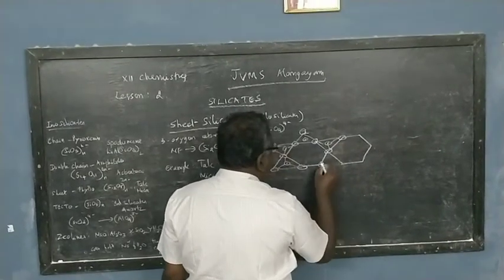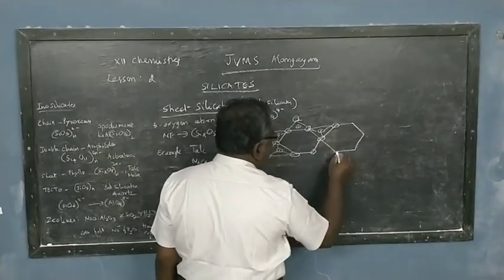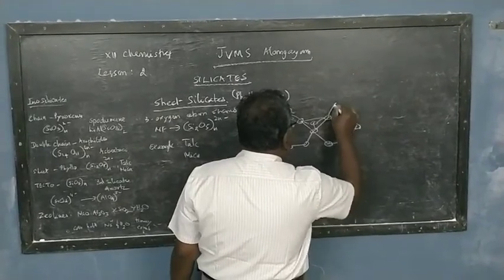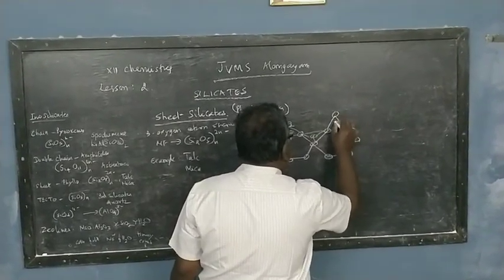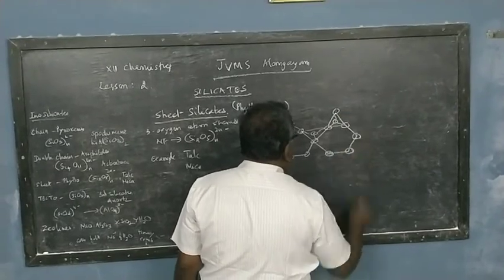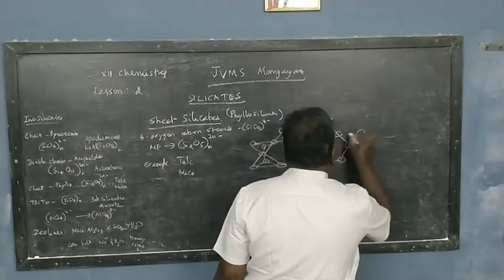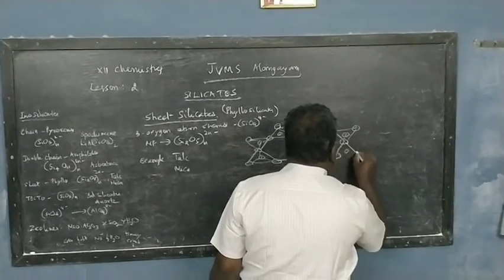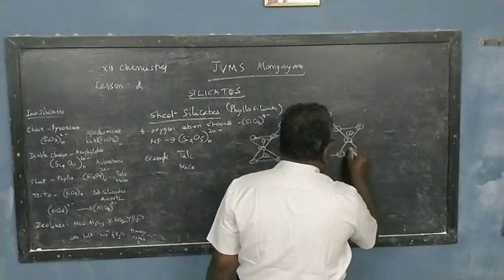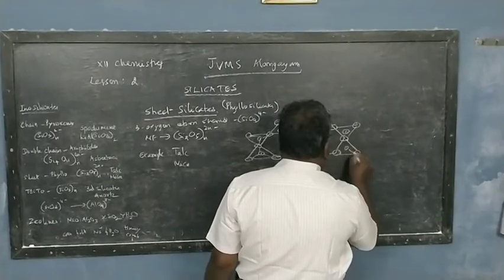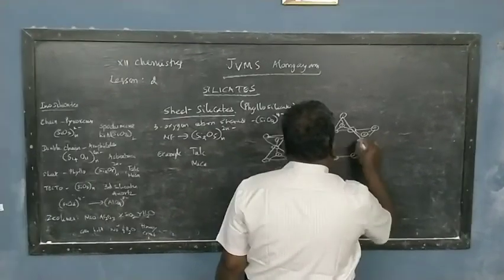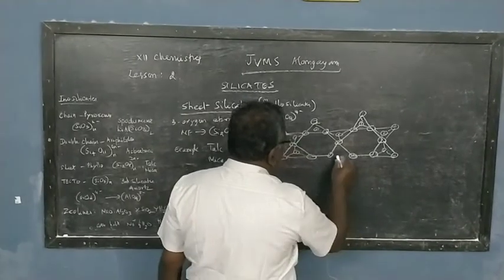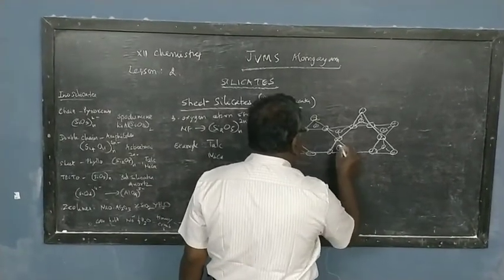So these are the oxygen positions. We have 1 on top, and here we have 1, and here we have 1. So these are all SiO4 units, right?